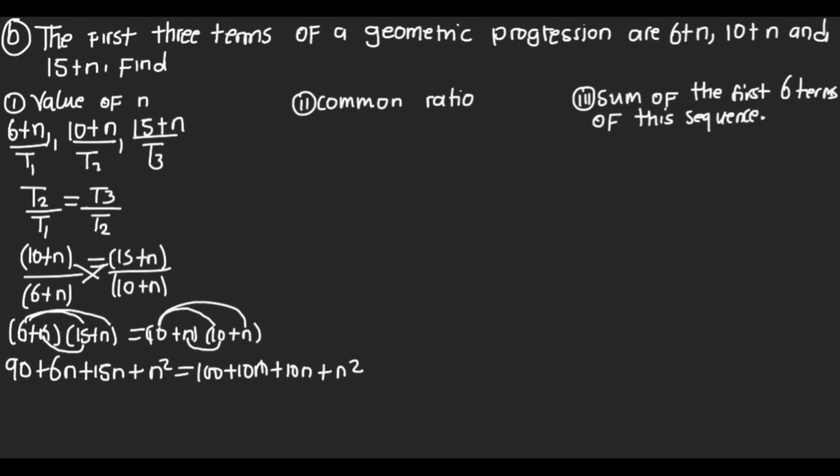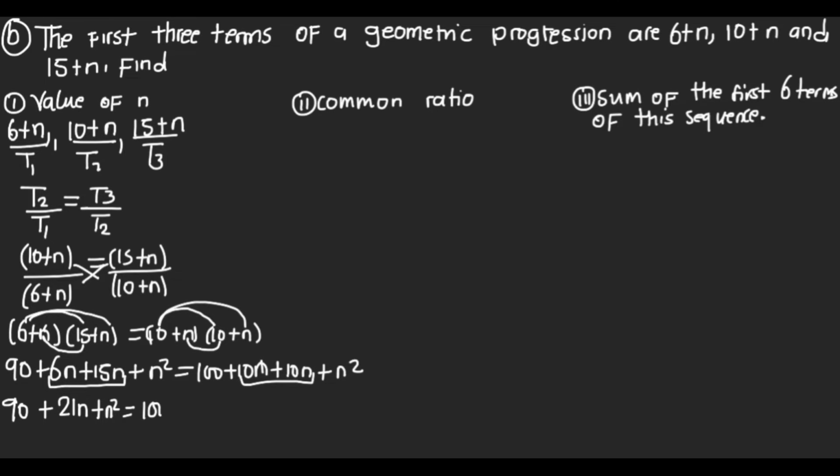So what we are going to do here, we are going to collect every term with n on one side and every number without n on the other side. So let's add, these are like terms here, also here these are like terms. So 90 plus 6n plus 15n will give us 21n plus n squared.